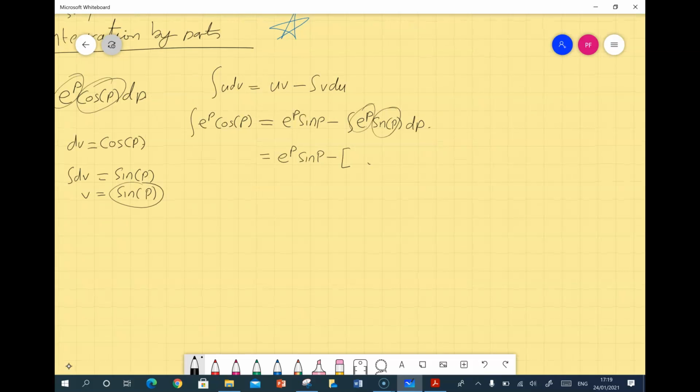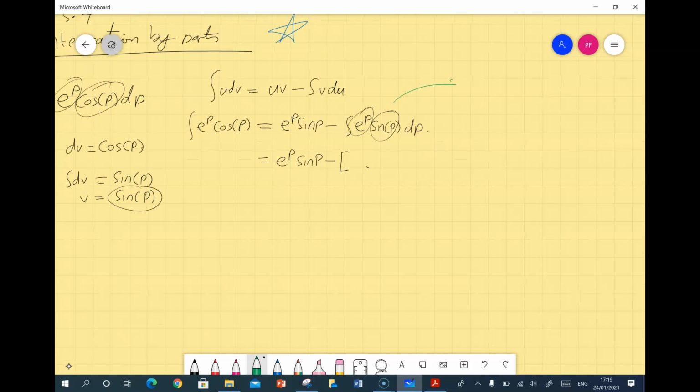So inside in here, let's try our integration by parts again. So let u equals e to the power of p, and let dv equals sine of p. Right, du dp equals e to the power of p. Du equals e to the power of p dp.